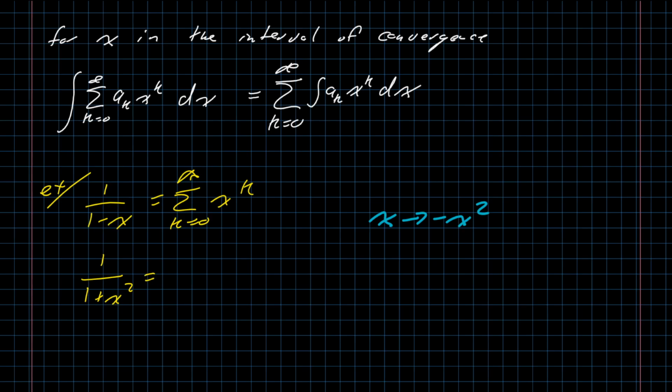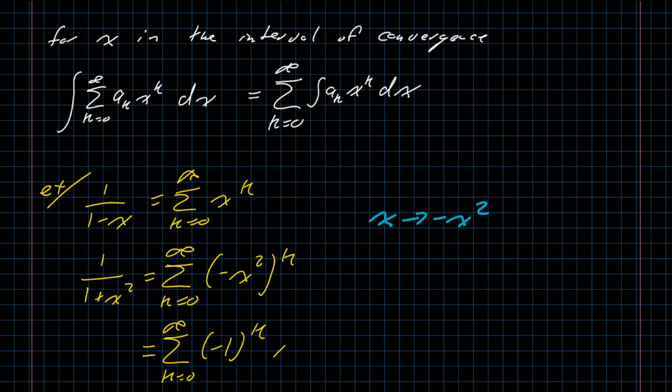So with that, I now have the sum, k goes from 0 to infinity, of minus x squared to the k. And I think it will be most useful to expand this out. Using properties of exponents, this is minus 1 to the k times x to the 2k.